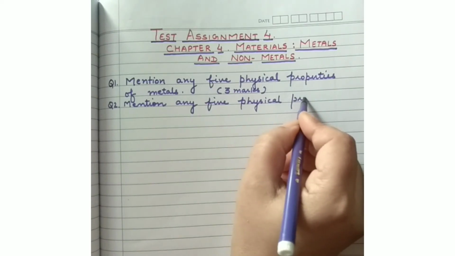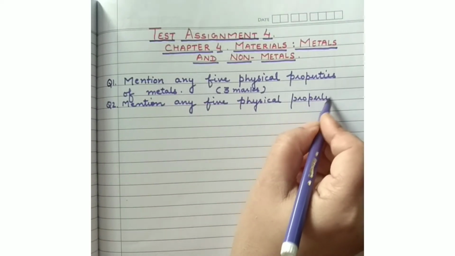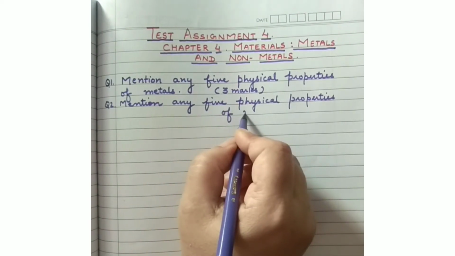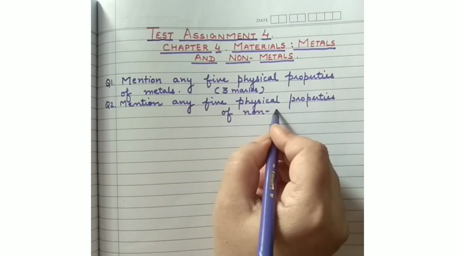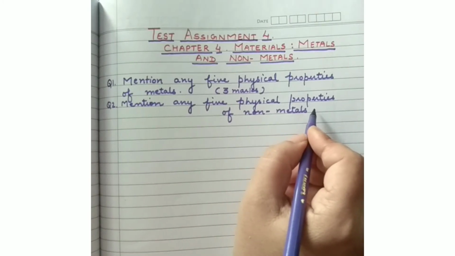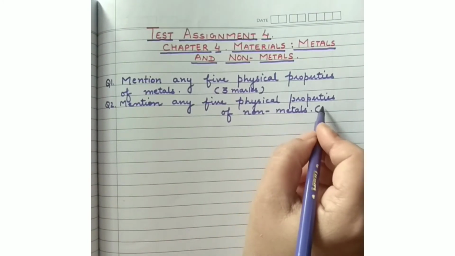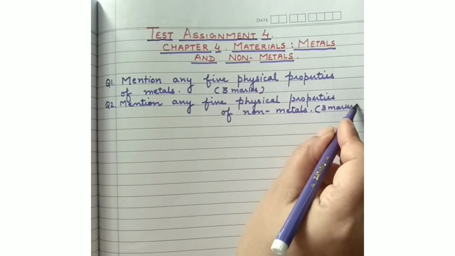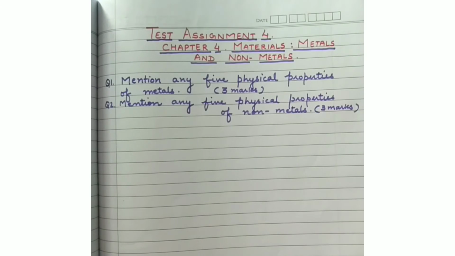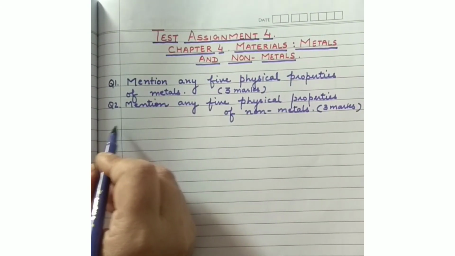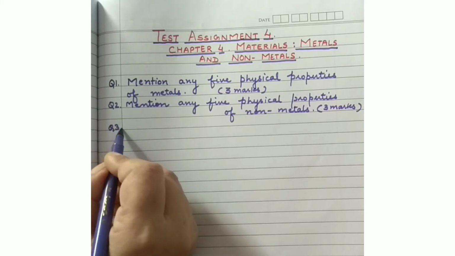Physical means like the appearance of the substance, physical properties of non-metals. So what are the 5 main physical properties of non-metals? Again this question is of 3 marks. Now next is question number 3.